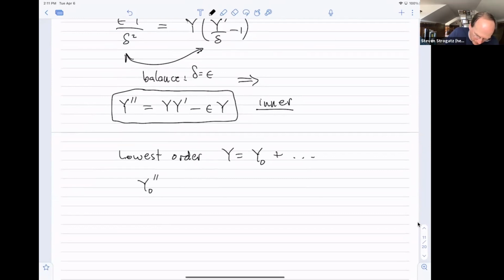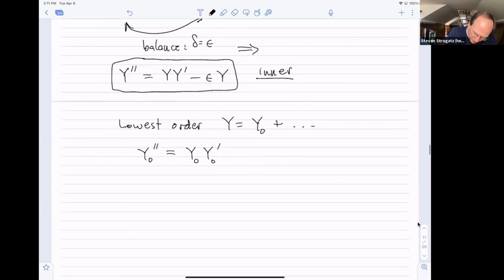Y0 double prime is Y0 prime, which you can recognize both sides are perfect derivatives, because this side is d/dX of one half Y0 squared, by using the chain rule on that.